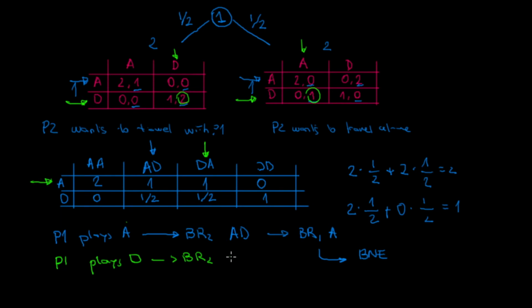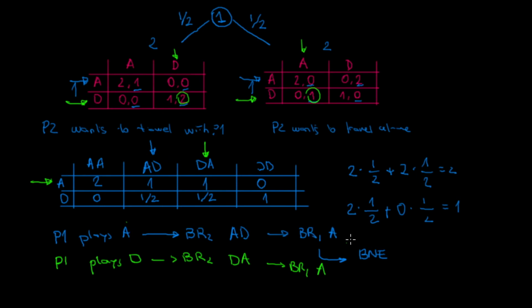So the best response here was DA, and the best response of player 1 was A. Now A does not coincide with Denmark. In the first case we saw a Bayesian Nash equilibrium.